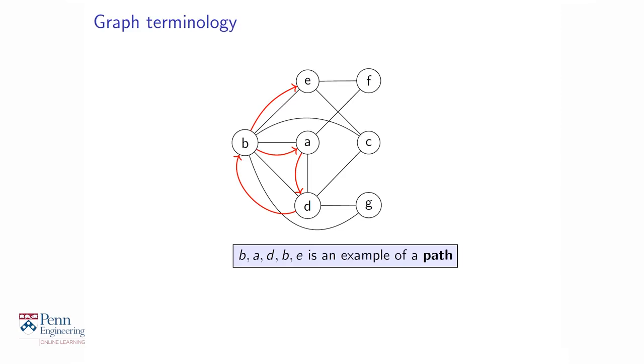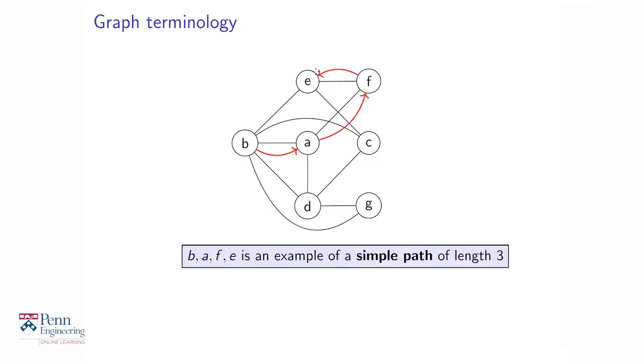It means that every vertex is adjacent to the previous one in the sequence. So from B you can get to A, and from A you can get to D, and you can get back to B, and you can get to E. So basically a path is a sequence of vertices that you can walk along in the graph, from one to the next. Note that this path crosses itself because the vertex B appears twice on this path.